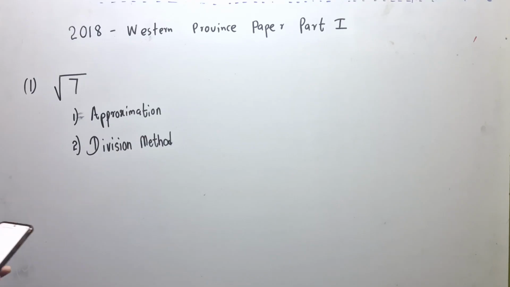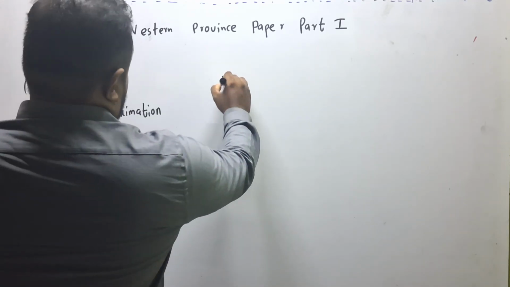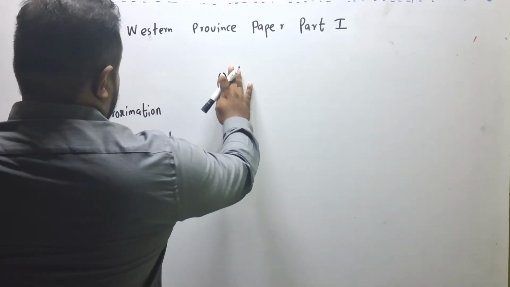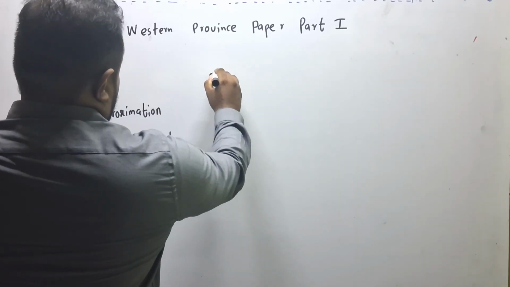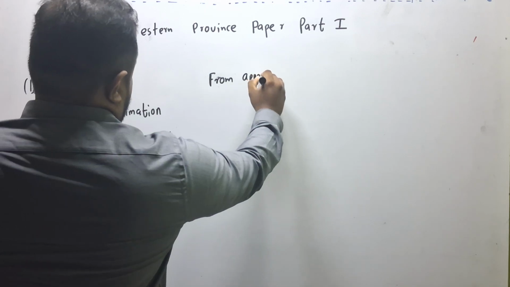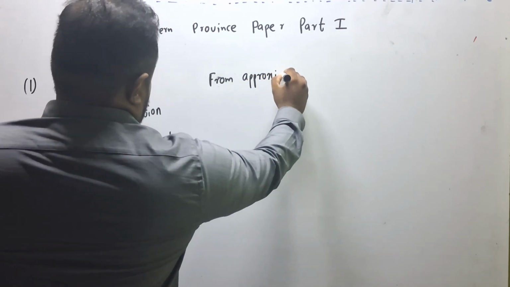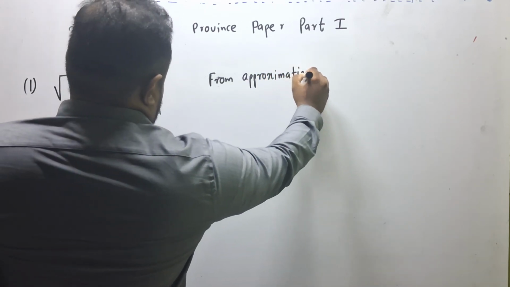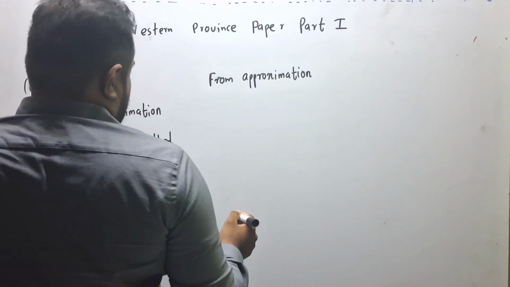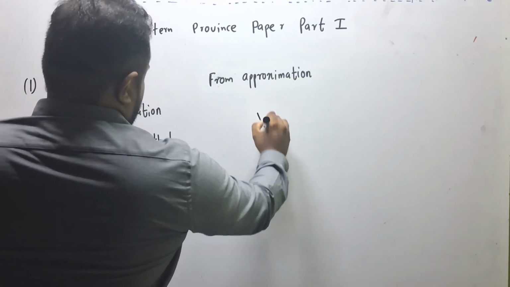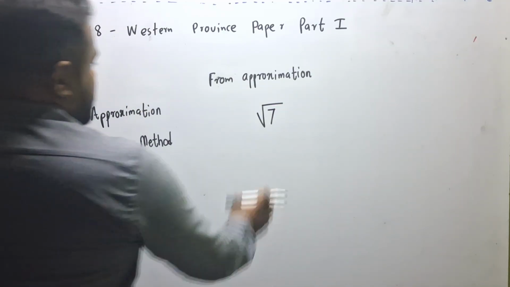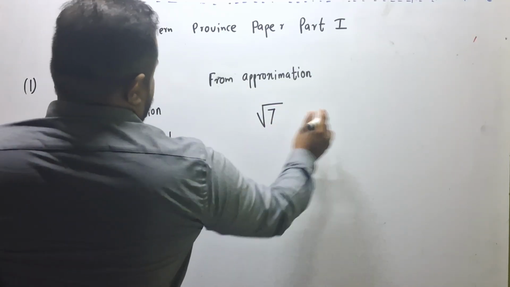If we use the approximation method, how to get the value? From approximation, we have to write what is square root 7 and what are the perfect squares beside it.